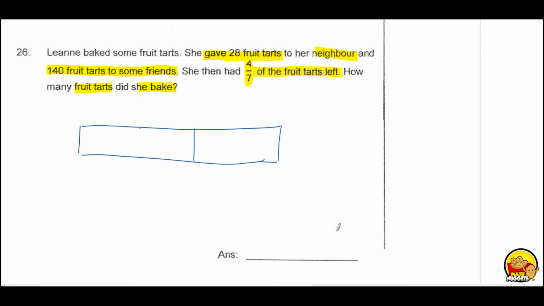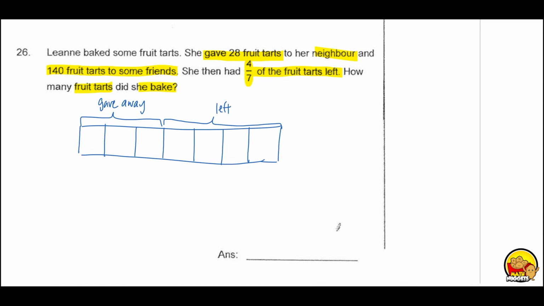I'm going to cut 7 parts. She has 4 out of 7 left, meaning these 4 units would be her leftover, which means the first 3 units would be what she gave away, isn't it?